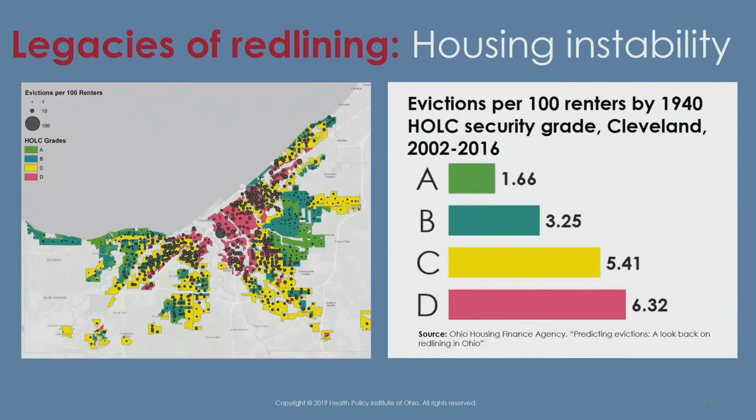One really well-researched example of a policy that is historical but has contemporary implications for both inequities and disparities is redlining. Redlining was implemented by the Federal Home Owners' Loan Corporation in the wake of the Great Depression. That agency was charged with refinancing mortgages that were underwater in the wake of the Depression. Sound familiar?